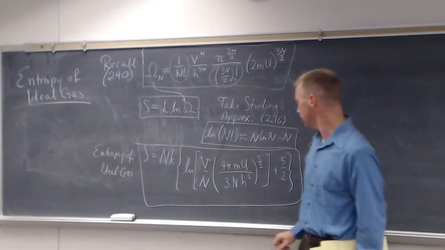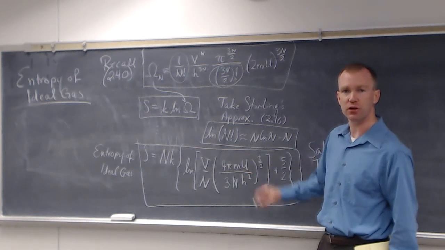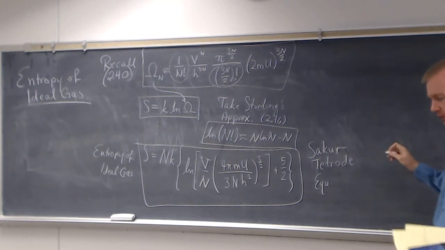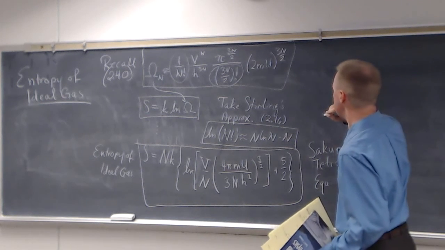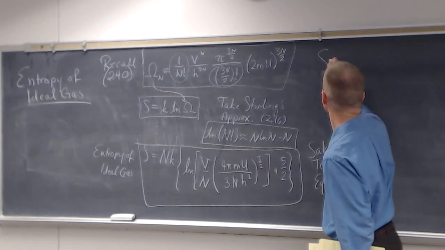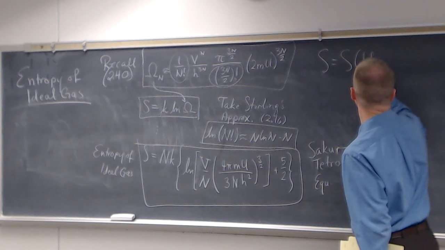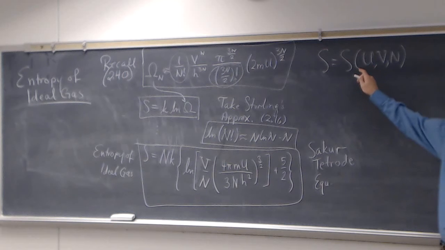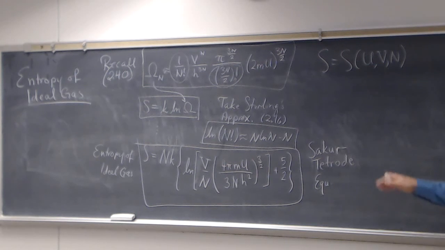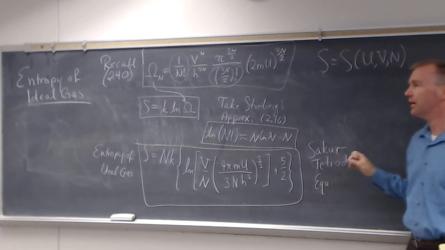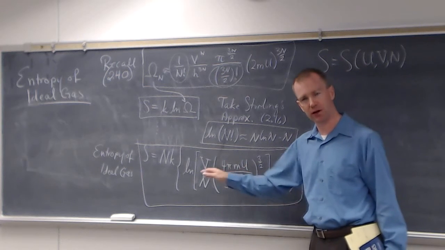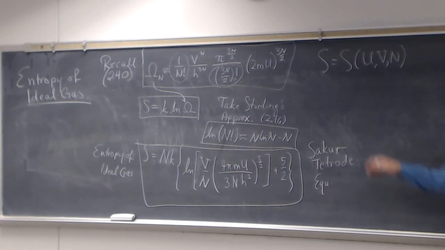It depends on the volume here, and it depends on the energy of the gas here. If you increase energy, volume, or number, any one of those 3, you will increase the entropy. Not that it is merely directly proportional to them, because it's in a fairly complicated formula here, but if any one of these 3 increases, the entropy increases.